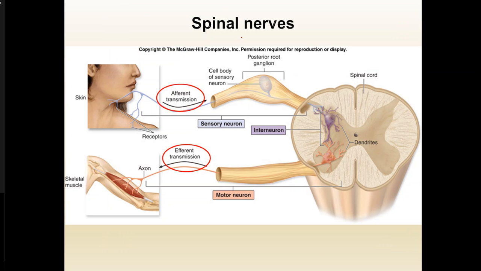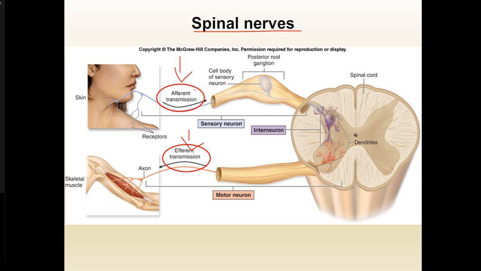Okay. Now let's take a look again, and this is a repetition, but I think we have to define things a little bit better, of spinal nerves. In this representation here, I just want to highlight the afferent transmission and the efferent transmission.